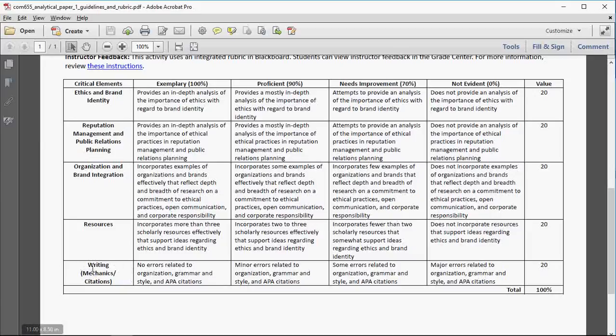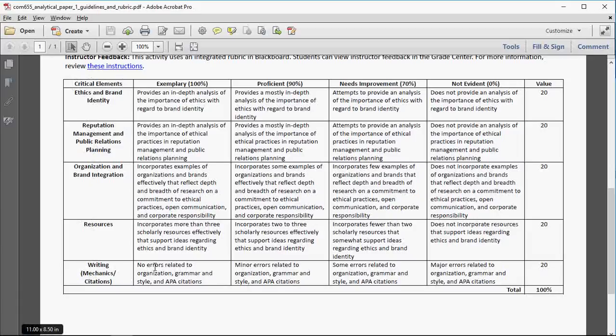And I consider these that precede it, these critical elements, or you could say required elements, the four that precede it in this case: ethics and brand identity, reputation management and PR planning, organization and brand integration, and resources. These are what I call content elements. This is not content. This is the presentation element.